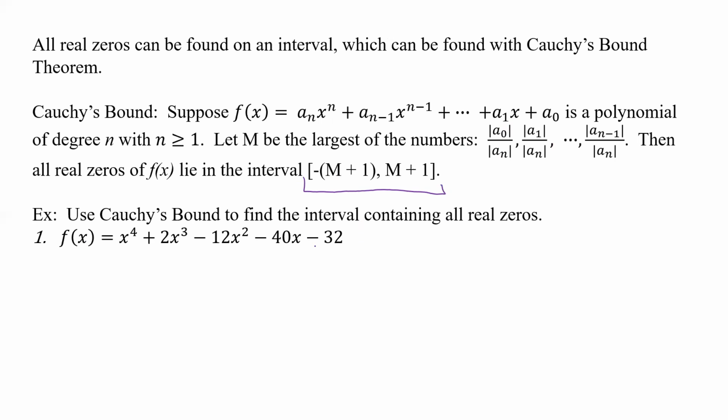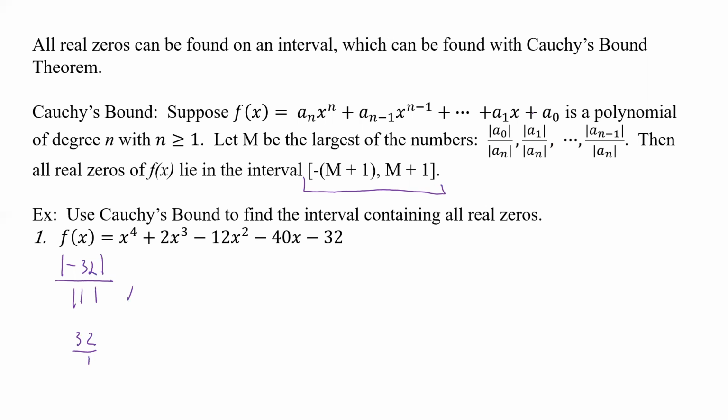If we look at this one, a0 is negative 32, and we take the absolute value of that over an. an is the one with the highest power, which is 1, so we take the absolute value of that. And so we write that down below, and that's going to be 32 over 1.